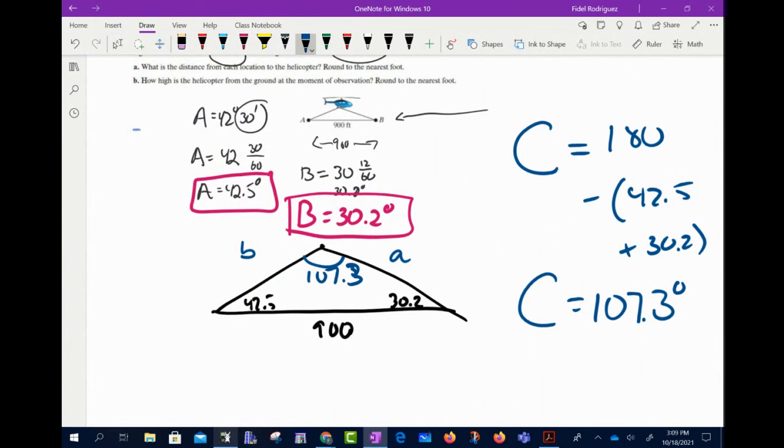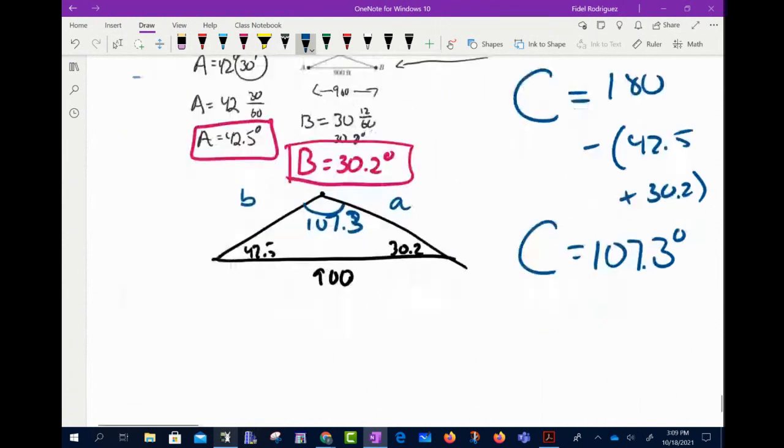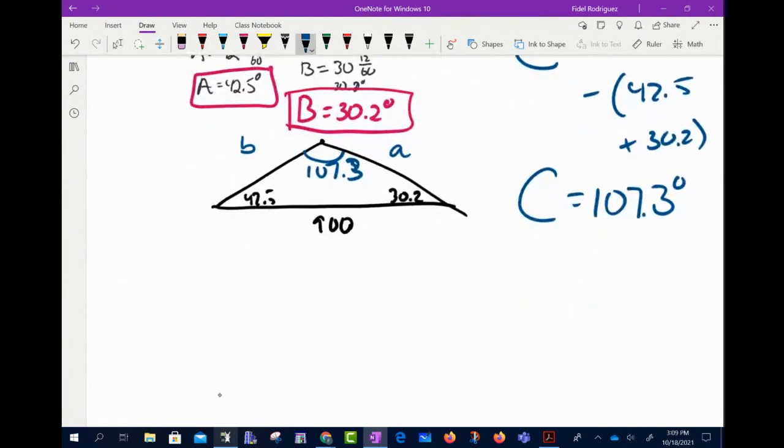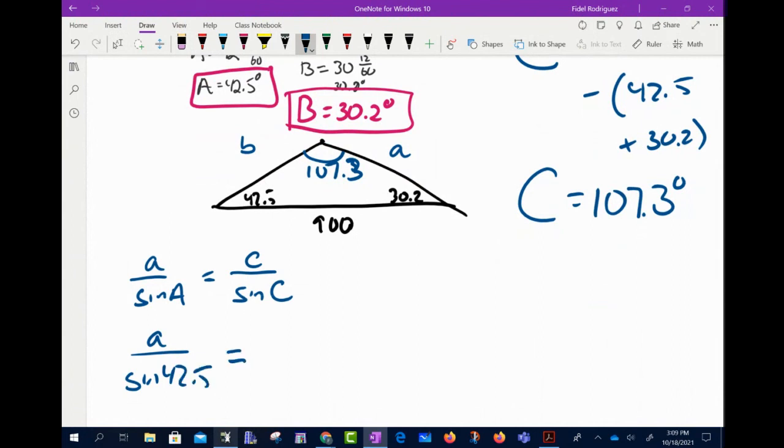Okay, what we need to do is find the values of little a and little b. So we can do it like this. We can say, look, little a divided by the sine of A is equal to little c divided by the sine of C. So I don't know what little a is, but we know that angle A is 42.5.